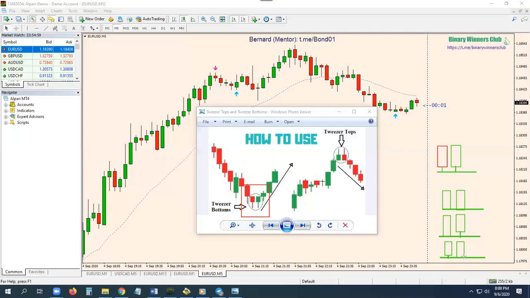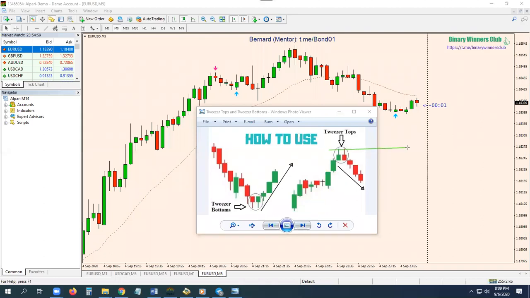Now, this candlestick pattern is powerful. And I will show you a few ways of using tweezer tops and tweezer bottoms, because I don't want to make this video very long. You need to understand that with tweezer tops, the highs actually represent resistance.